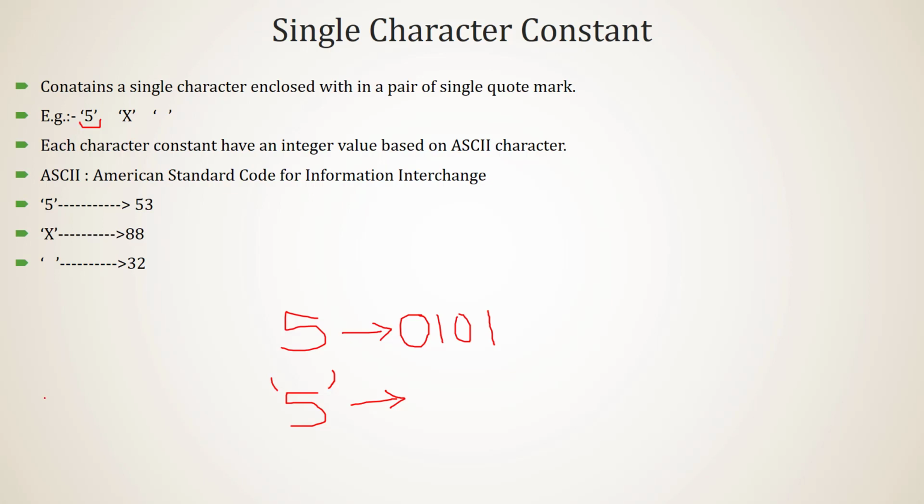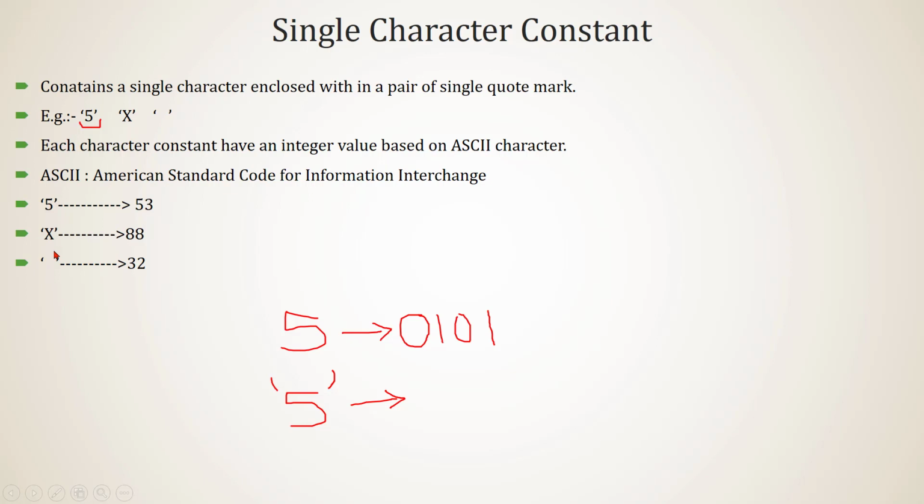Similarly here, X is a character constant because a single character is enclosed within single quotes. X has an equivalent ASCII code of 88. Similarly for character 5, the equivalent ASCII value is 53.